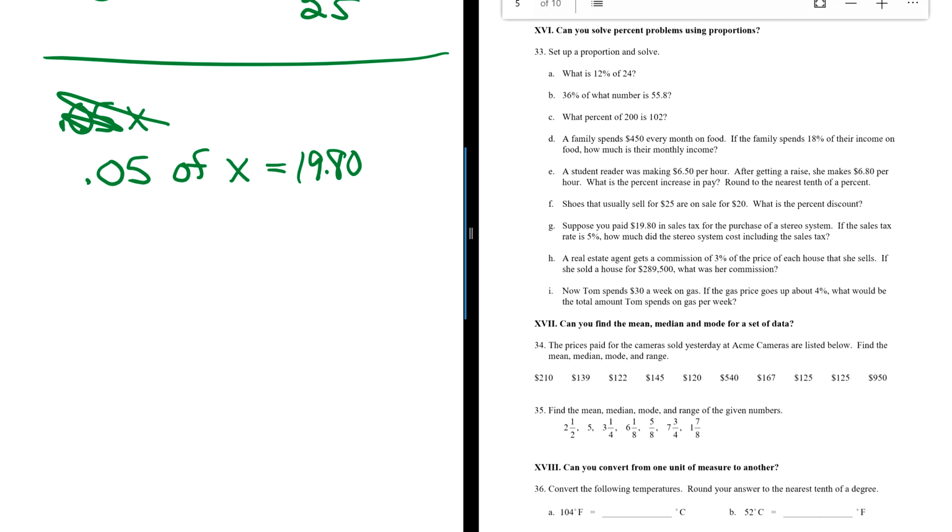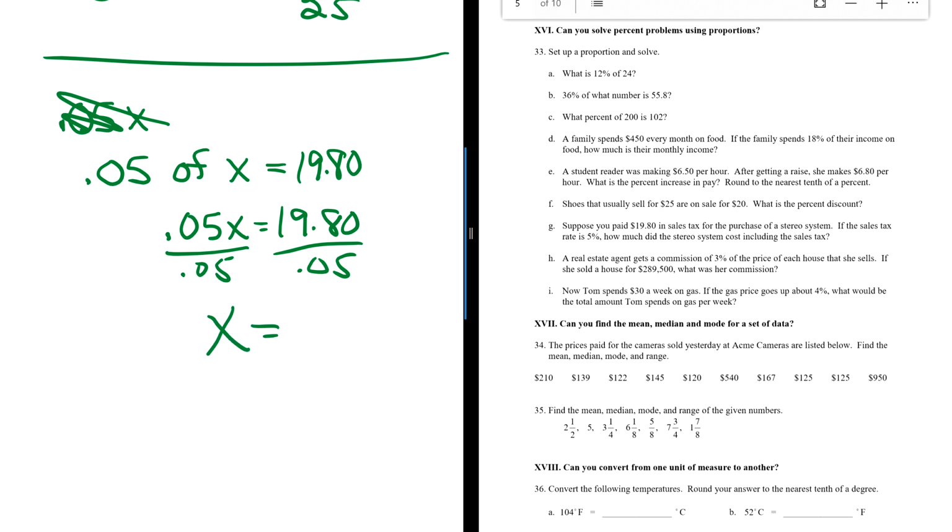So 0.05 times x is 0.05x. That equals 19.80. All right, divide both sides by 0.05. So x equals, and what does that come to? 19.80 divided by 0.05.